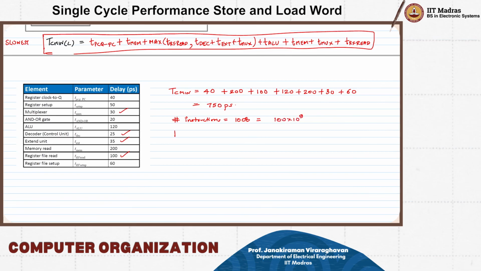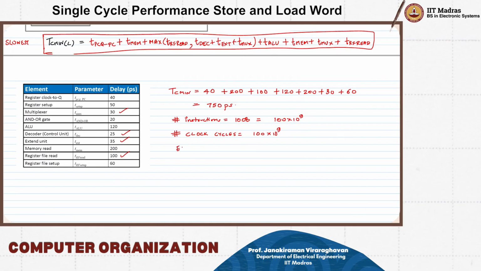So the cycles per instruction, because it's a single cycle implementation, is just 1, therefore the number of clock cycles is just 100 billion.